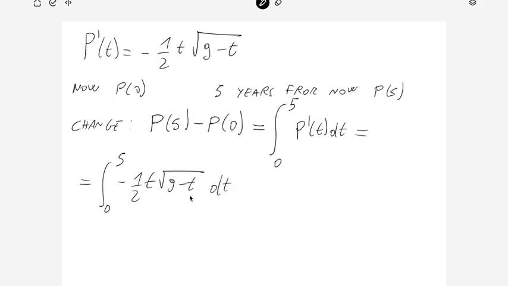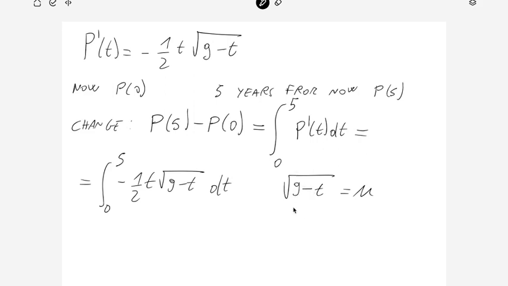Okay, in order to solve this integral, I said you that a change of variable like that, the square root of a straight line, it is always good. It is always good because it will remove the square root that you have.